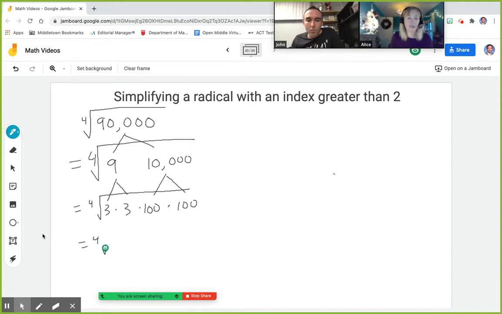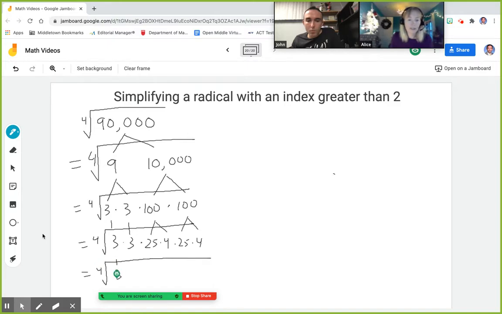So now the 3 is already prime, so it's just going to come down. And the 100, I'm going to say that's 25 times 4. And of course, the same for this one. I'm just going to keep breaking it down until I'm to a point where I only have prime numbers.